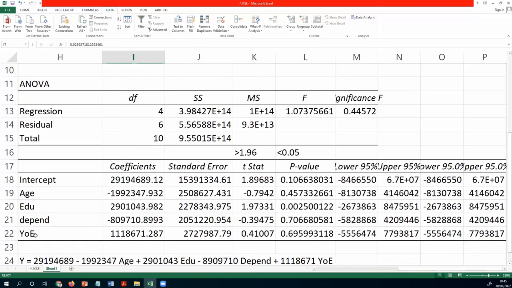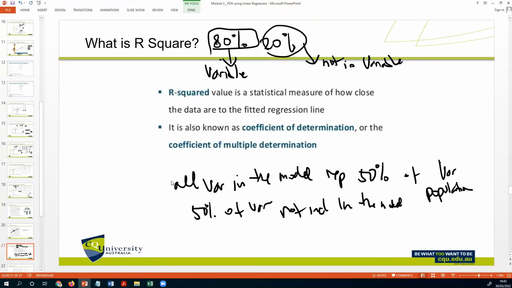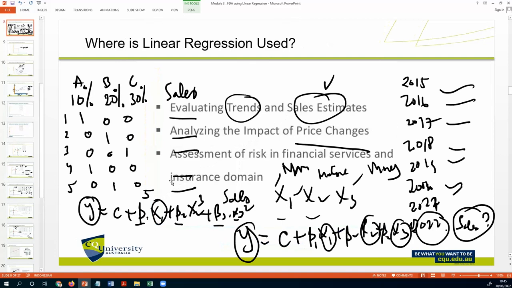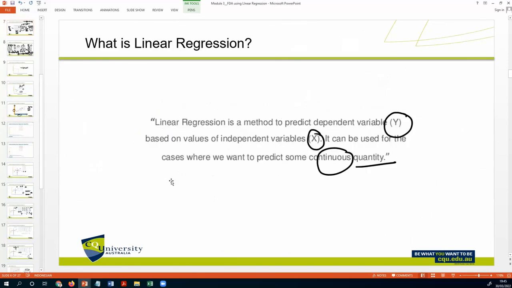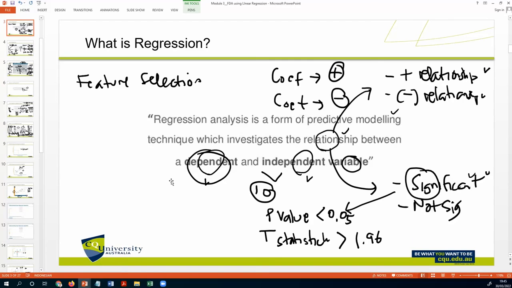This is the feature selection I explained to you all before. In feature selection, you select based on the significant ones. If not significant, you don't put it in the equation; you drop it from the equation.